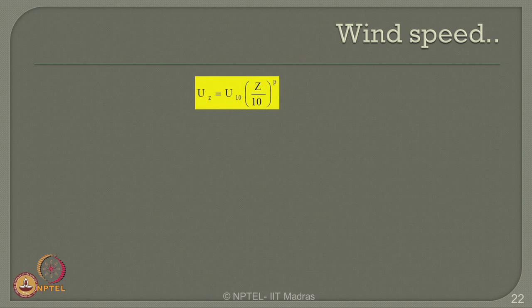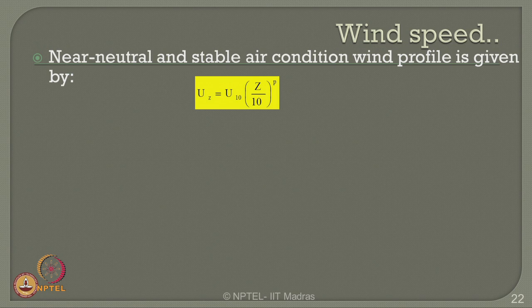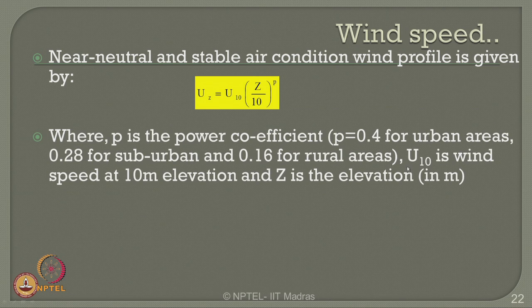Now there is an equation available in the literature for computing the wind speed, which is given on the screen now. The near neutral and stable air condition wind profile is given by this equation, where z is the height in meters at which you are calculating the wind speed, whereas u10 is the basic reference wind speed, which is the wind speed at 10 meter elevation above the ground, and of course p is a power coefficient.